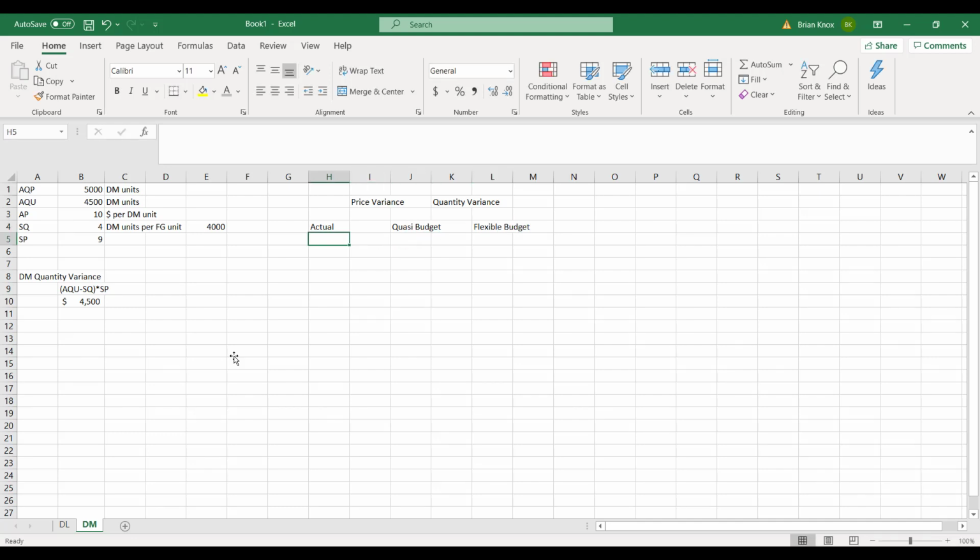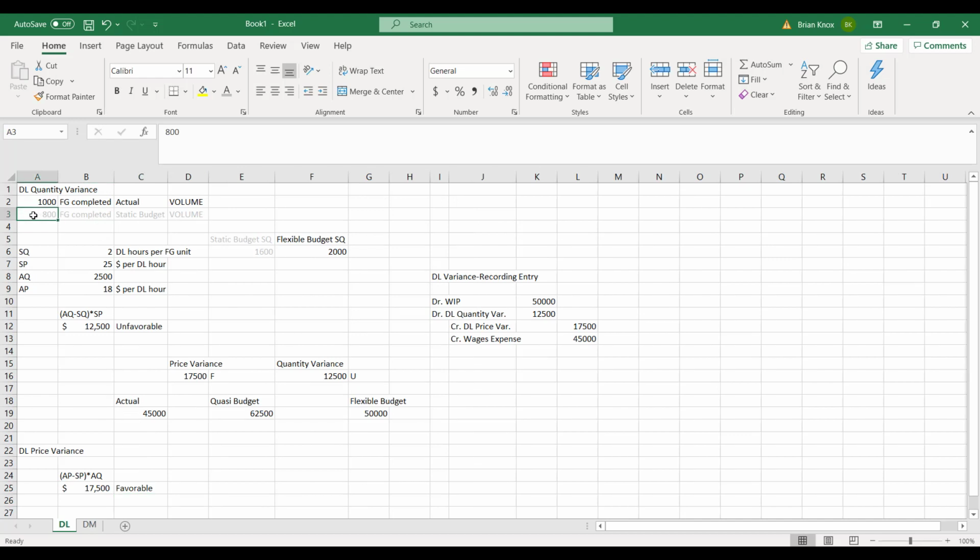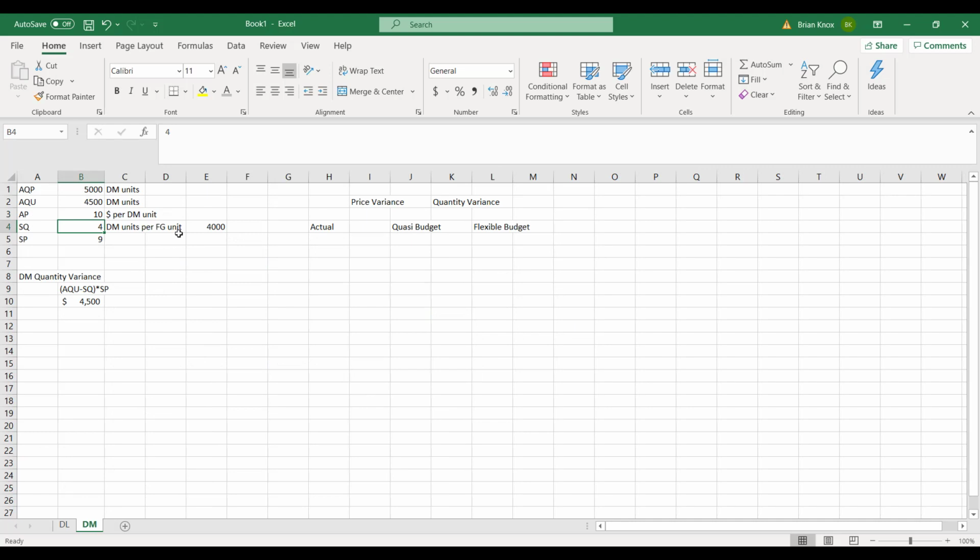We already covered the idea that some sneaky professor is going to include the idea that, oh, you add 4 units per finished good unit, but I gave you the information that you expected last year to only complete 800 finished goods units. And so one of the answers, I'm sure, will be if you were to multiply this by 800. One of the answers is almost certainly going to be based off of this number right here to try to fish you into using the wrong quantity.